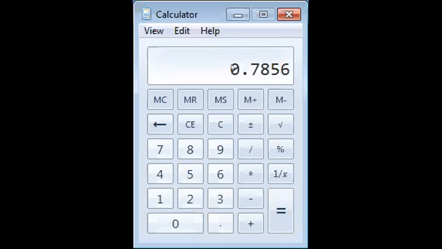Then I can take x3. h3 is 2584 minus 192.